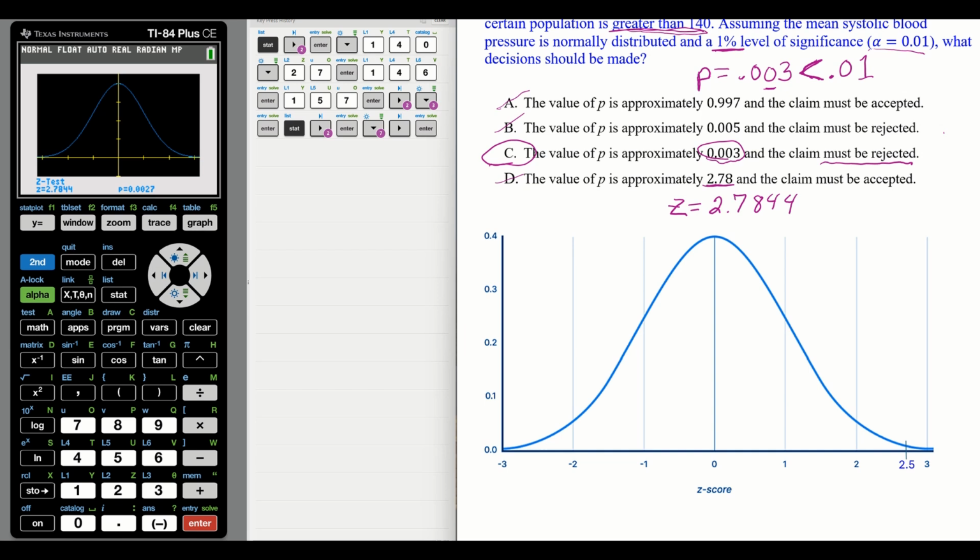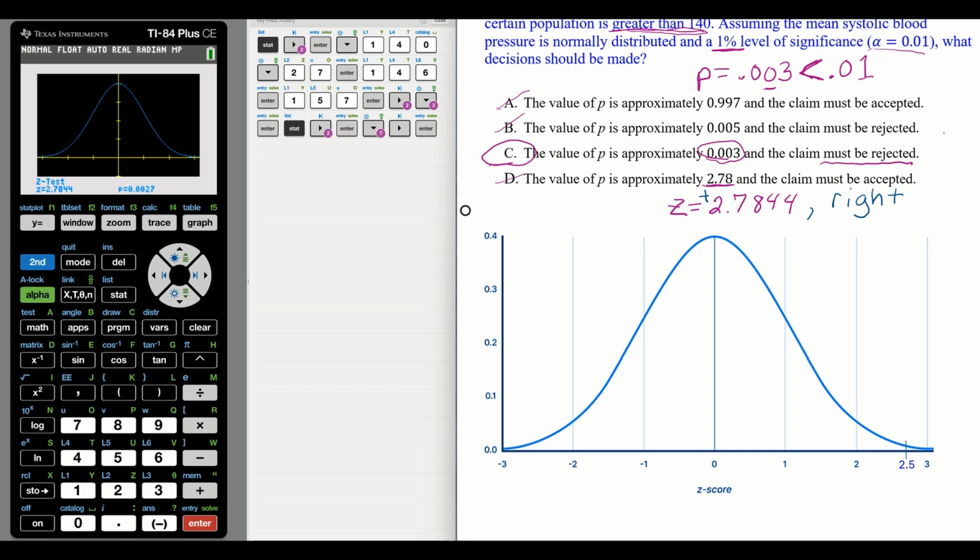But because our z-score is positive, we know that somewhere on the right-hand side we need a right-tail. And we know that also from what we put in our calculator. So we need to select this.